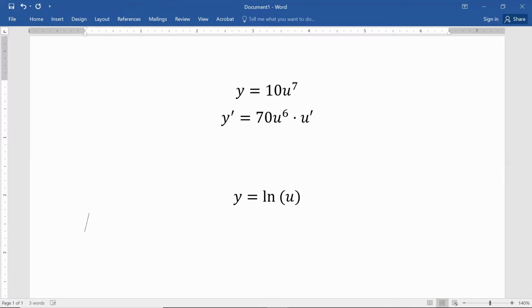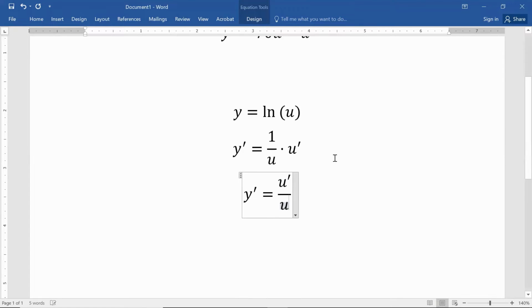Similarly, with y equals natural log of u, the derivative was 1 over u multiplied times the derivative of the inside function. And if you wanted to rewrite that, which we always ended up rewriting, you could write that as u prime over u.